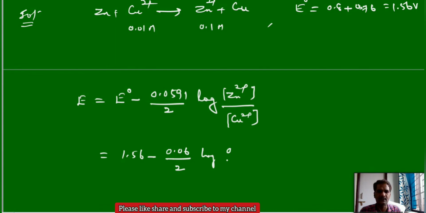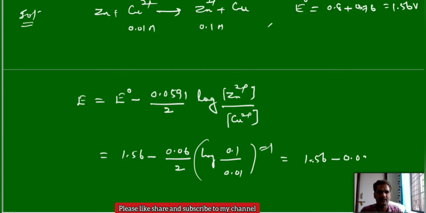Zinc 2 plus concentration is 0.1 and copper 2 plus is 0.01, so overall you get 0.1 by 0.01, and log 10 is 1. So the resultant value is 1.56 minus 0.03, and you will get the E cell value as 1.53 volts. Like this we can calculate the resultant value if we change the concentrations of electrolytic solutions.